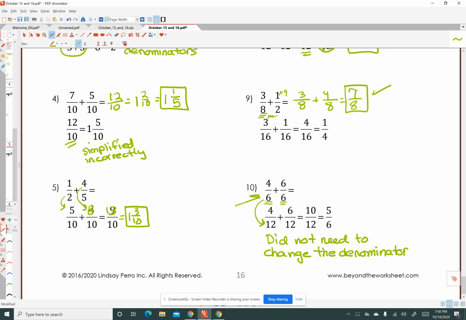This was fine. So our answer would be 6. 4 plus 6 is 10. So that's one group of 6 with 4/6 left over. So we could call that 1 and let's see, 2/3.